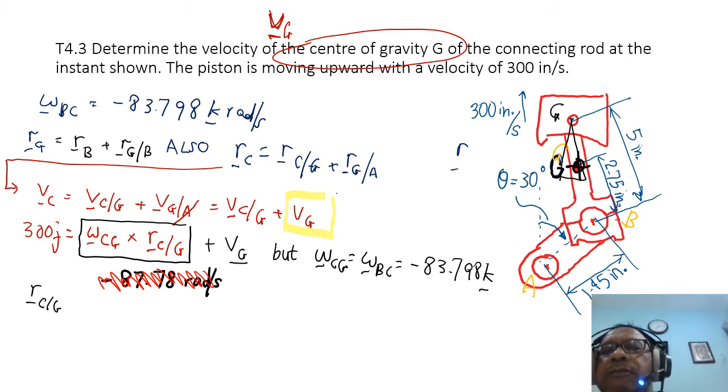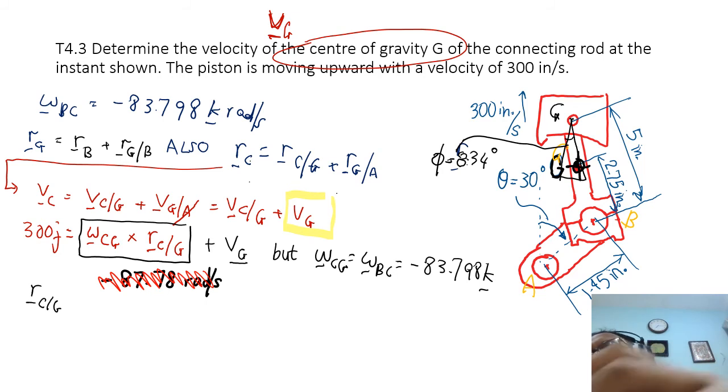This is C. So for the vector, we know what this angle is. It is phi. We have done phi before. What is phi? It is 8.34 degrees.